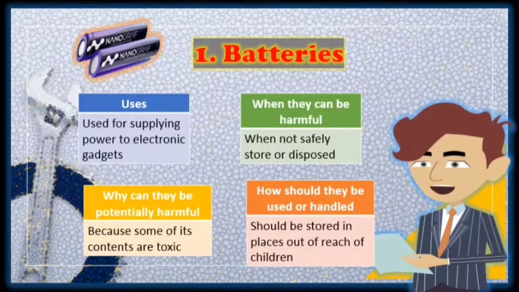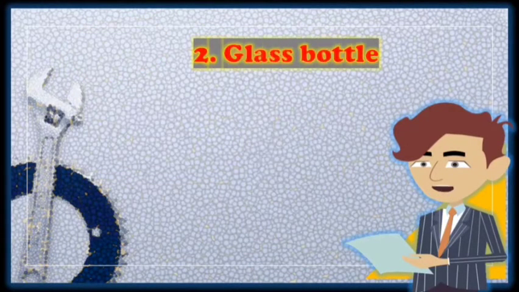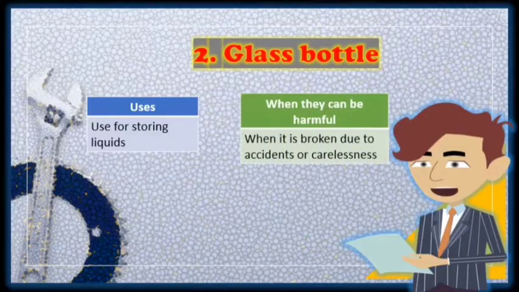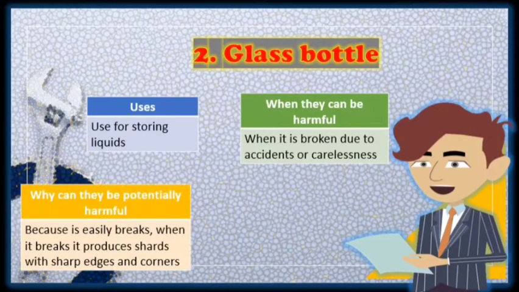Next, let's proceed to item number 2, which is the glass bottle. What is the use of a glass bottle? Glass bottles are used for storing liquids. When can they be harmful? They can be harmful when broken due to accidents or carelessness. And then, why can they be potentially harmful?